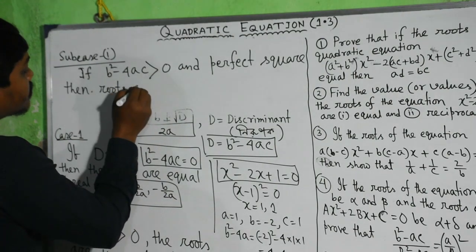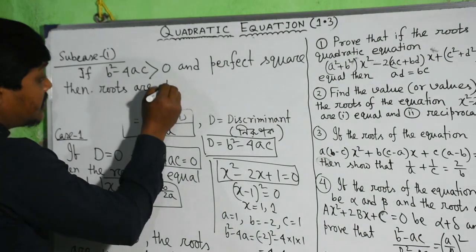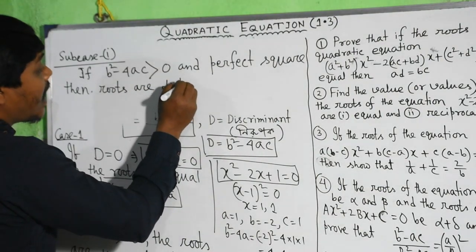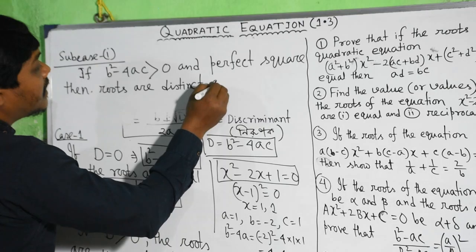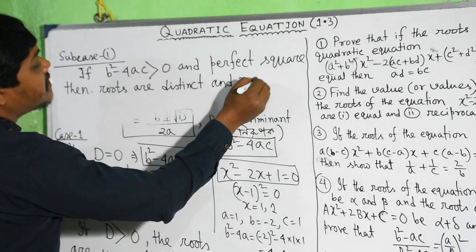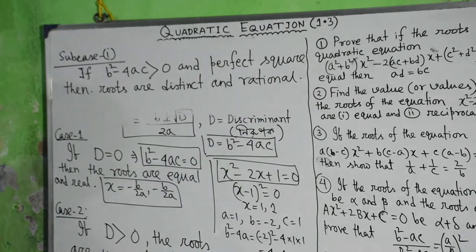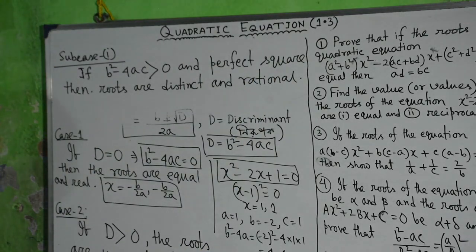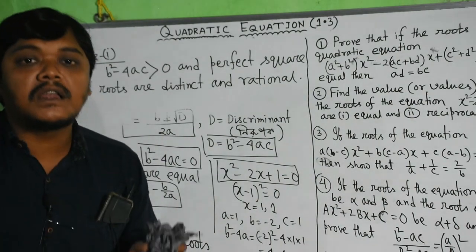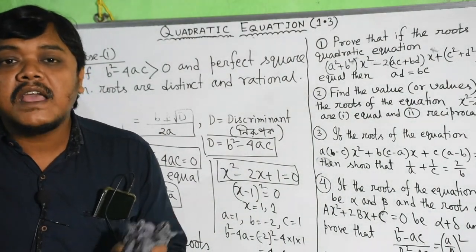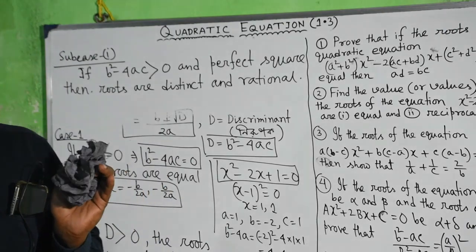Then the roots are distinct and rational. So what is the condition when the roots are rational? If b square minus 4ac is a perfect square, that means this expression can be written in some whole square form.